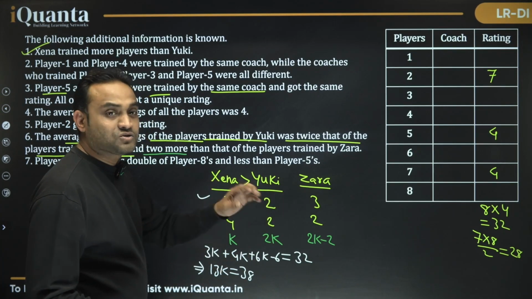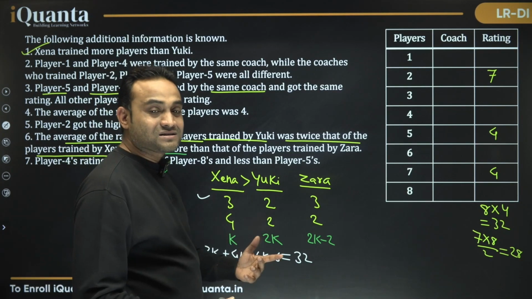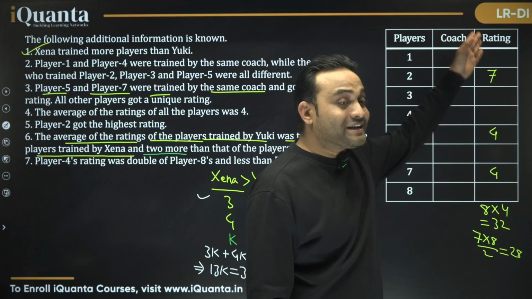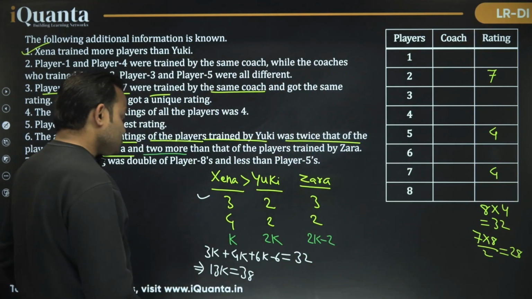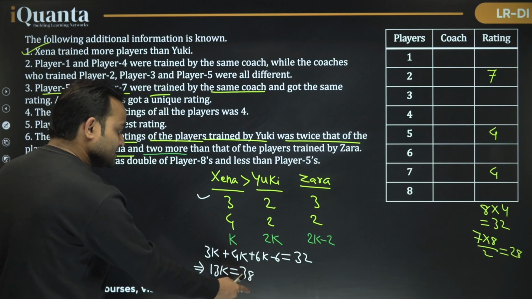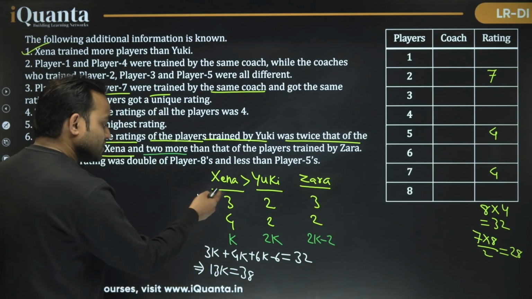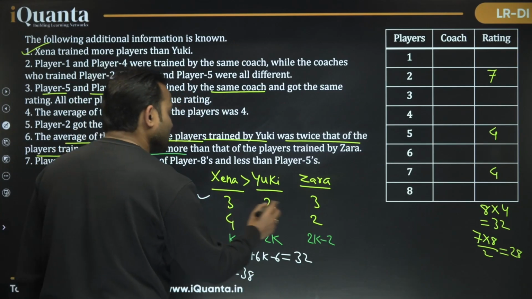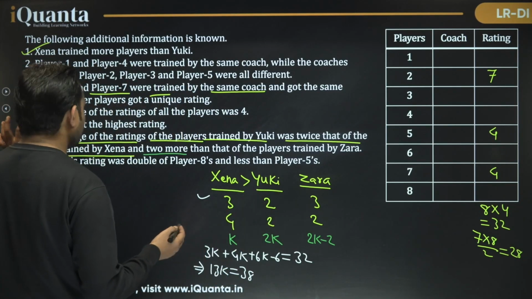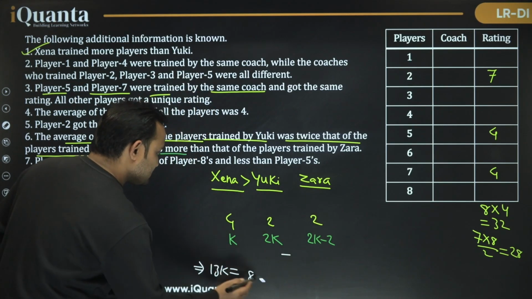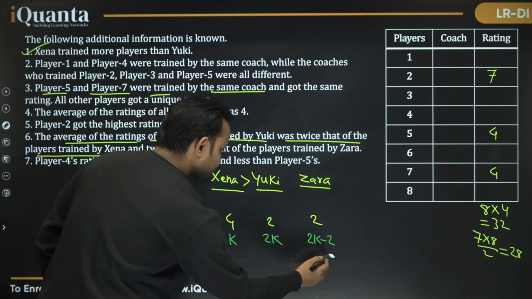We know that the total sum of the ratings given by any of the coaches must be an integer because all the ratings are integers. So even if you consider K is 38 by 13, 3 into K is not an integer. So that means this case is not valid. We should not be considering this case.